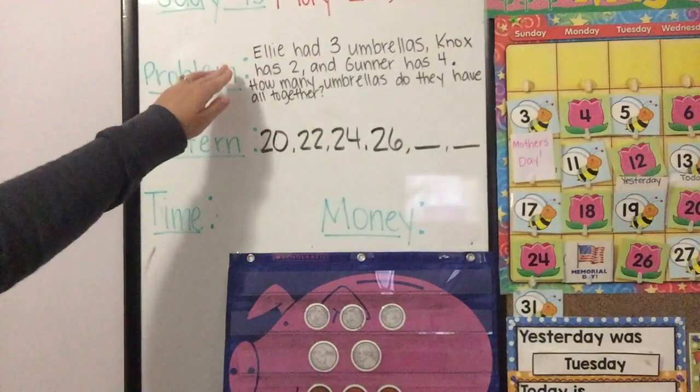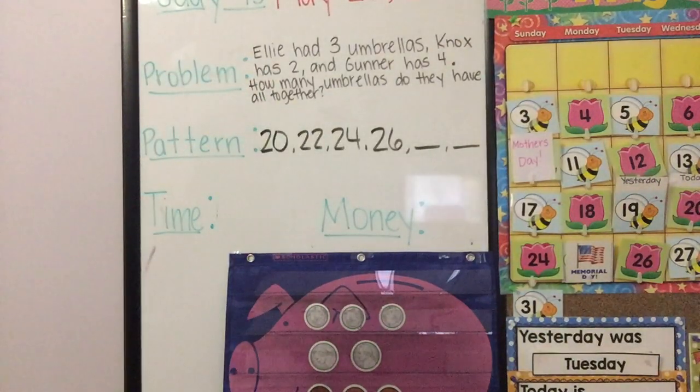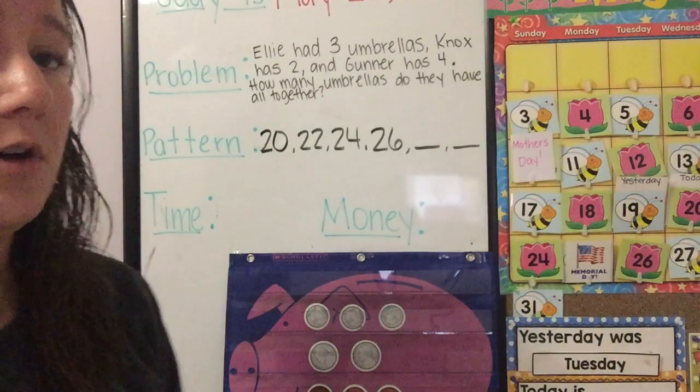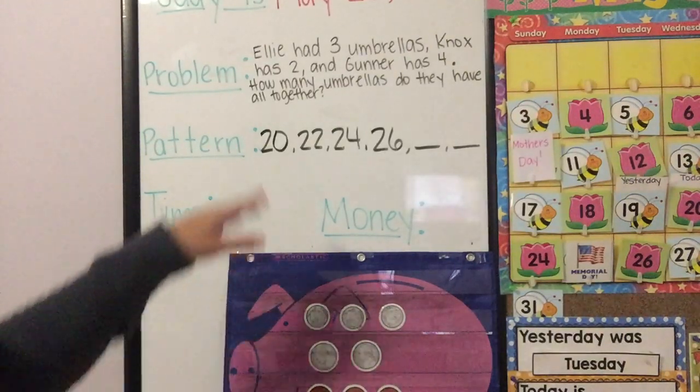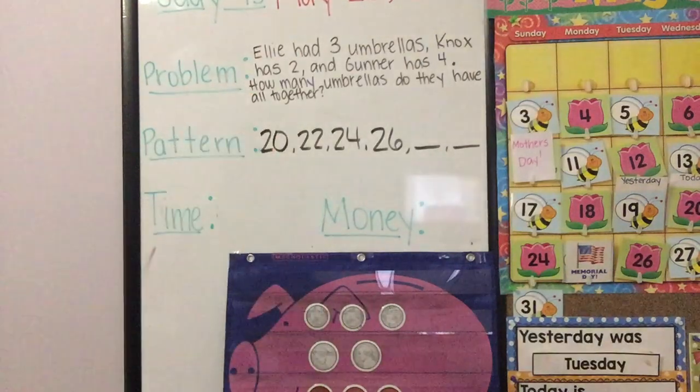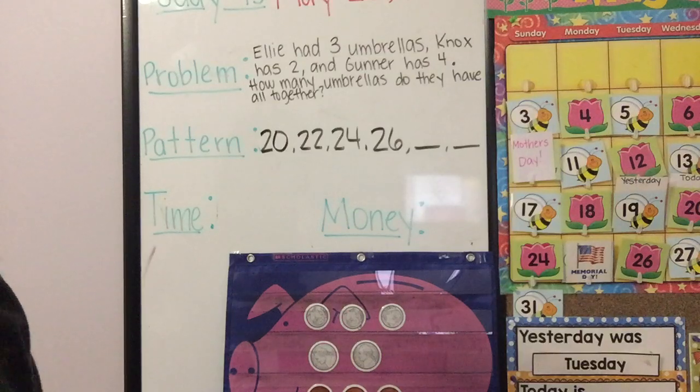So our problem of the day says Ellie had 3 umbrellas, Knox has 2, and Gunnar has 4. How many umbrellas do they have all together? Let's read that one more time. Ellie has 3 umbrellas, Knox has 2, and Gunnar has 4. How many umbrellas do they have all together?